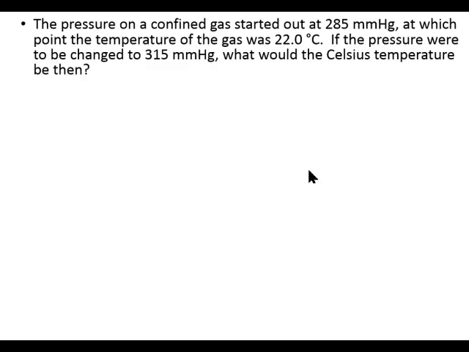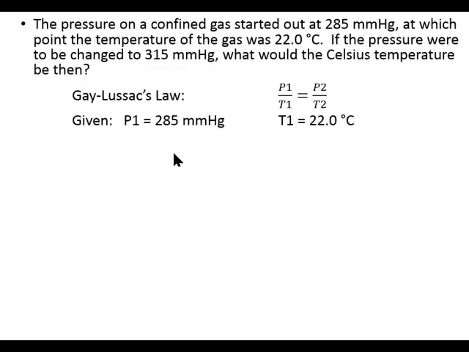If the pressure were to be changed to 315 millimeters of mercury, what would the Celsius temperature be then? Well, it's pressure and temperature, so I use Gay-Lussac's law. I take my given and make my assignment for my initial values, and I assign my final values, and I see that I'm looking for T2, my final temperature.